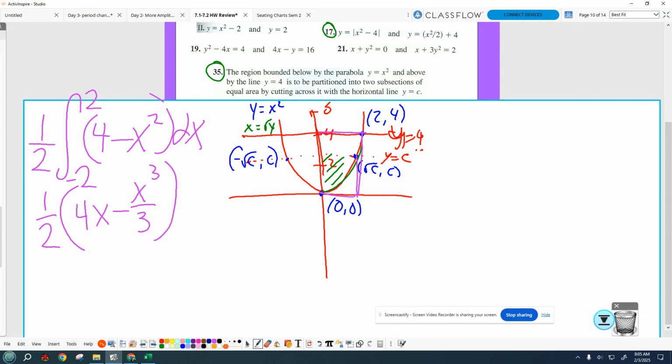This is 7.2, which is area between two curves. You can both write on the board at the same time, by the way. Yeah, we're a little confused. Oh, well, there will be support.